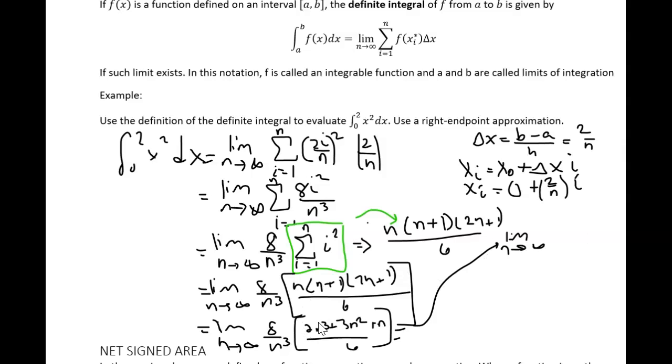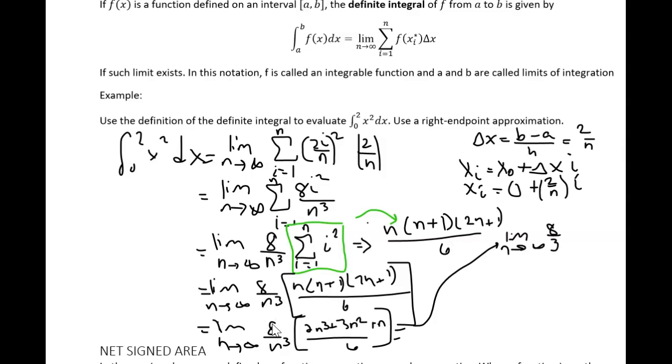Remember, each term independently is divided by 6, so I'm going to be simplifying out loud as I go. So this first term is 2n cubed over 6. The 2 and the 6 simplify, so it's really n cubed over 3 times 8 over n cubed. That means the n cubes are going to cancel, and all I'm left with is 8 over 3.